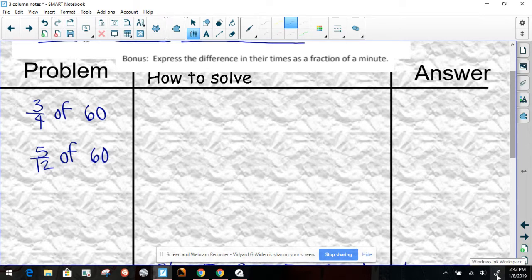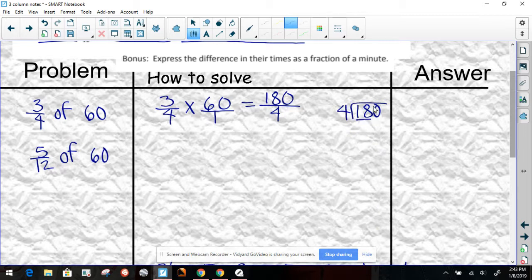All right, let's see what Daniel did. So 3/4 times 60. For easiness to multiply across, we are going to give the 60 a denominator, which is a 1. When we multiply across, that becomes 180, and this is going to be 4. So this is a division, so we're going to do the division, 180 divided by 4.